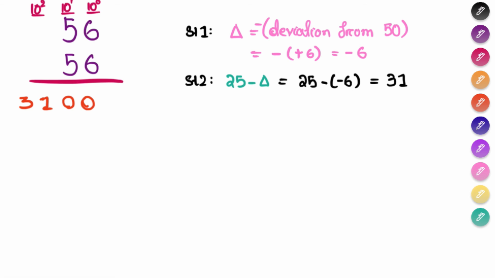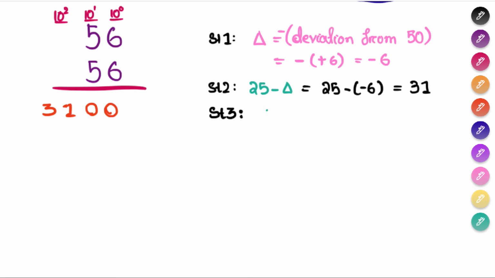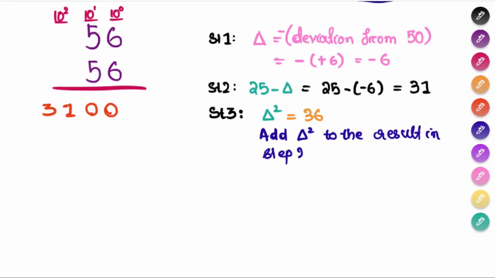Then step 3 is we find delta square, which is equal to minus 6 square, that is 36, and we add delta square to the result in step 2. So here we add 36, and we simply get 3136.